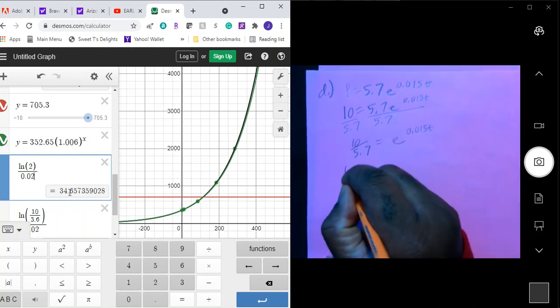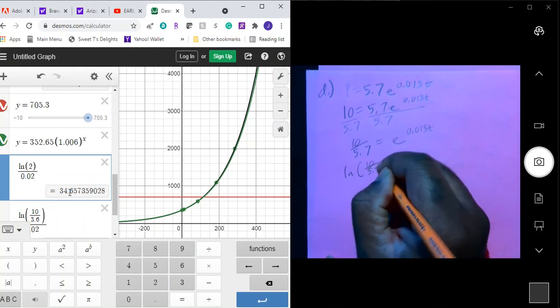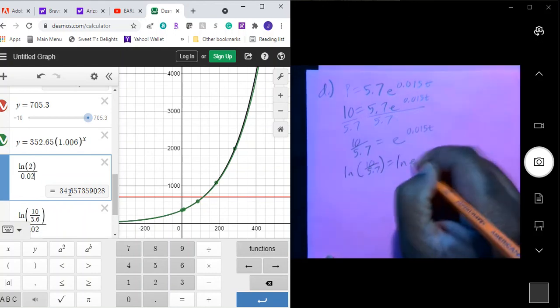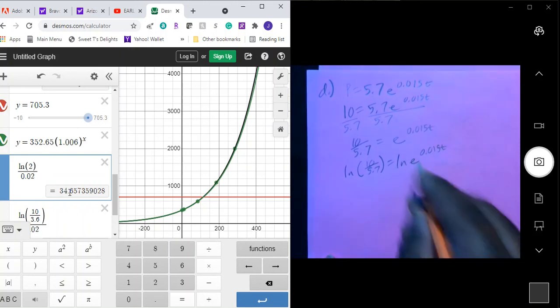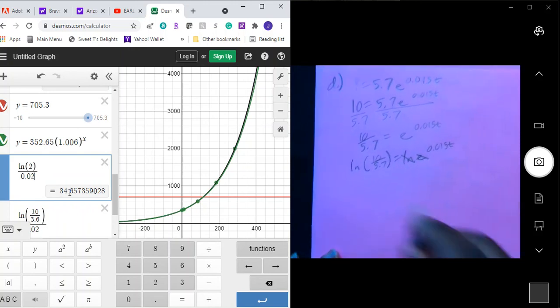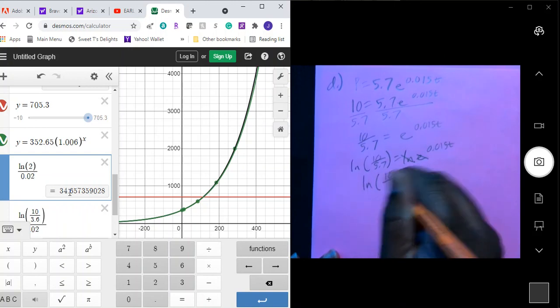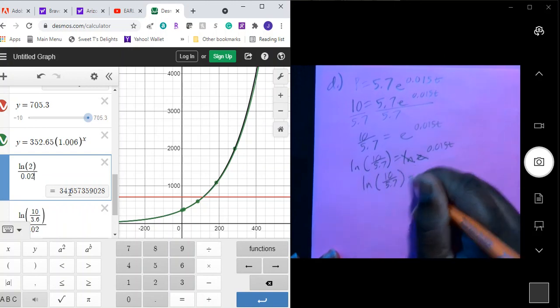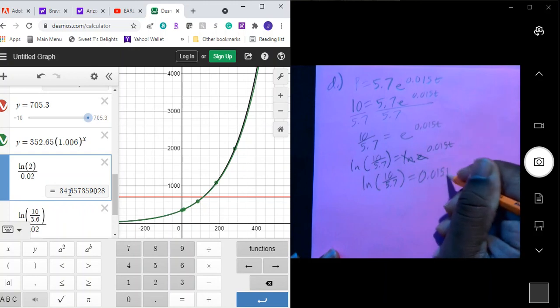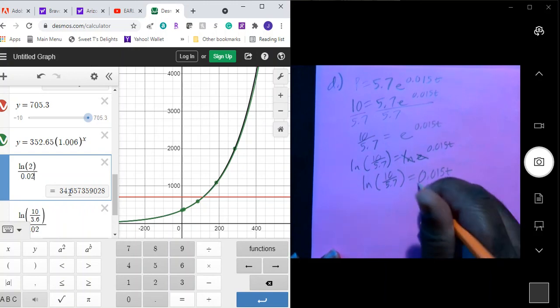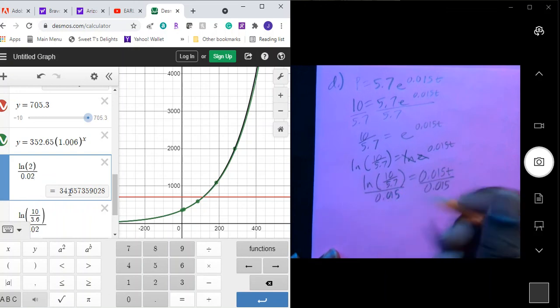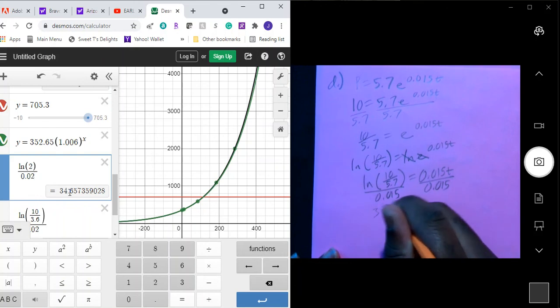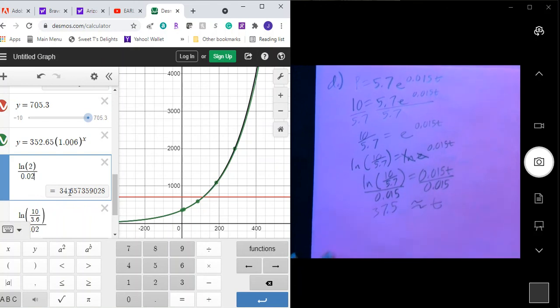We'll take the natural log of both sides. So the natural log and e will simplify out. So you have the natural log of 10 over 5.7 is equal to 0.015t. Divide each side by 0.015. And when you put this in your calculator, this will be about 37.5.